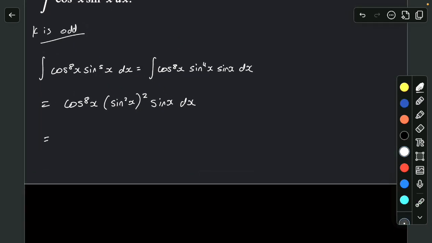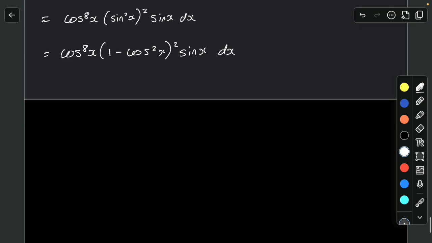So we're then going to get cos^8 x. Now applying our trig identities, we're going to have (1 minus cos^2 x) squared times sin x dx.